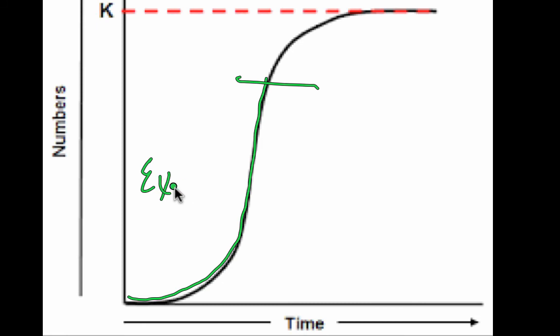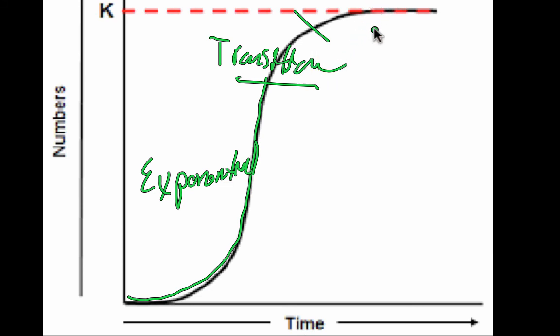So it's exactly the same as a J curve. And then here we see this little transition. And then here we see a plateau phase. So it levels off. So we have kind of a 1, 2, 3.